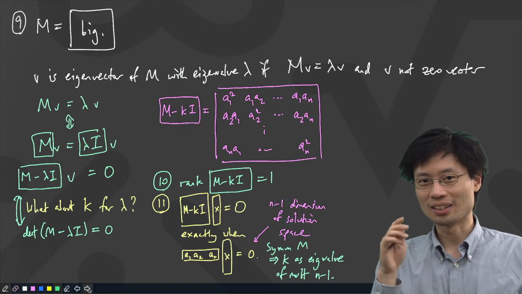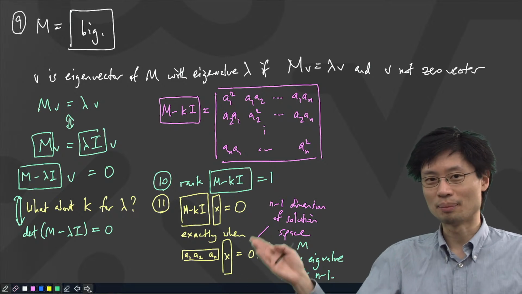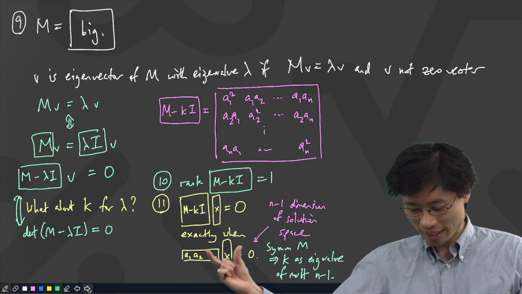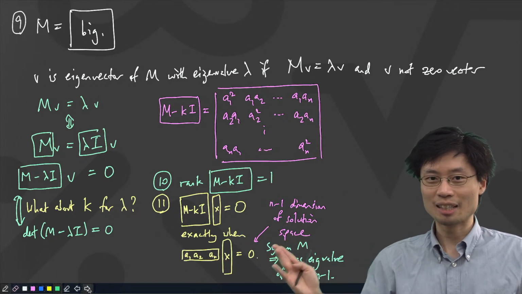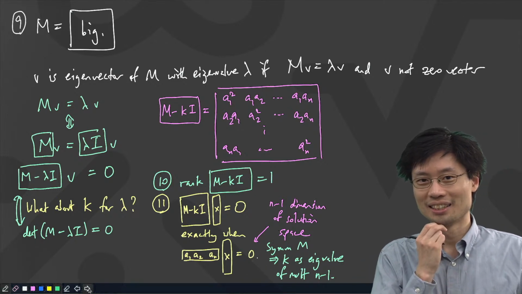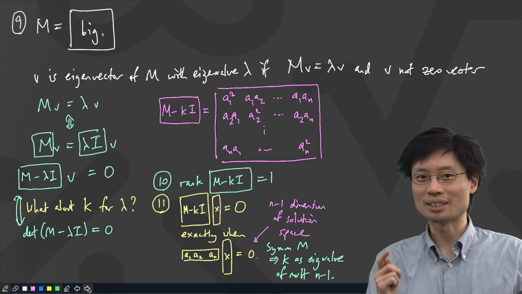Suppose I've got a basis of n minus 1 eigenvectors, which all satisfy a1, a2, up to an times x equals 0. Can anyone suggest a vector that might be orthogonal to all of the ones I've picked?